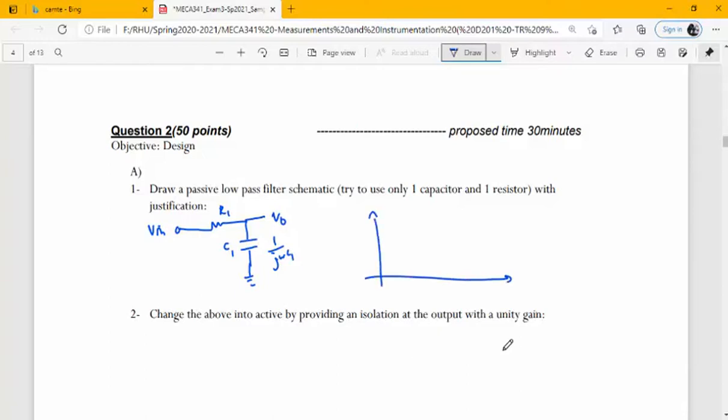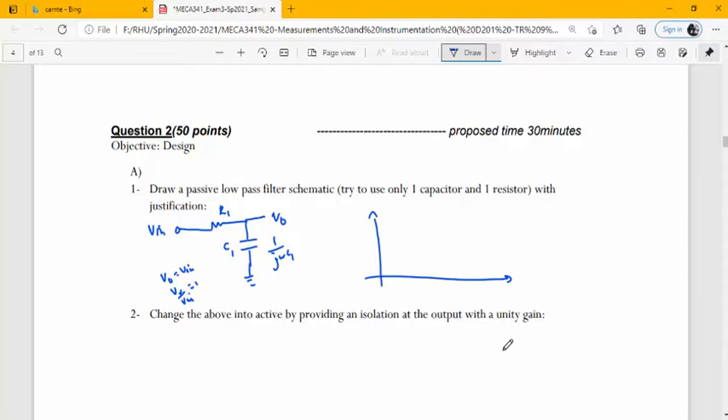As omega, the angular frequency, tends to 0, 1 over 0 is infinity. This would be an open circuit, and therefore V0 is equal to Vin. So V0 over Vin is equal to 1.